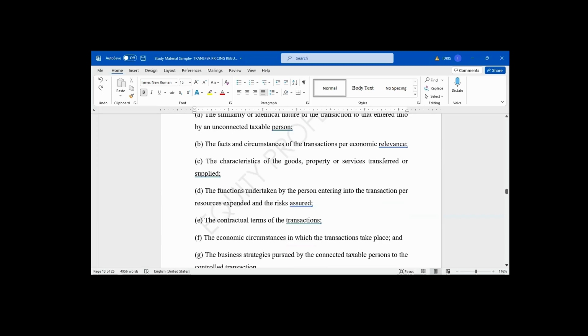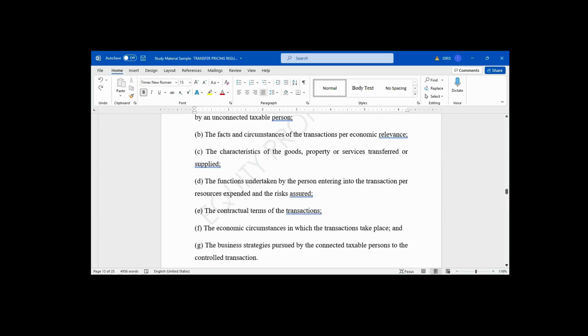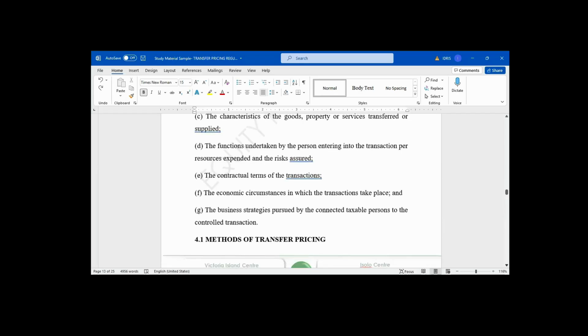The contractual terms of the transaction is part of the arm's length comparability factors. The economic circumstances in which the transaction takes place is also one of the factors. The business strategy pursued by connected taxable persons to the controlled transaction. So these are the arm's length comparability factors.